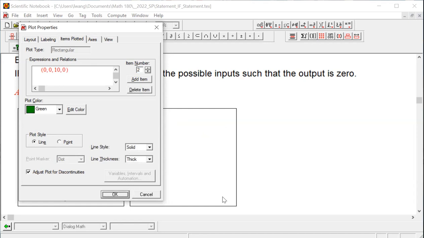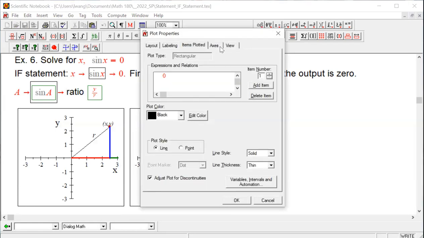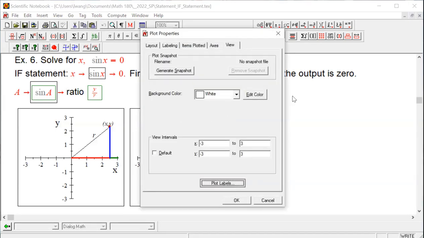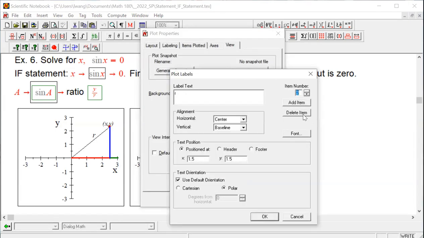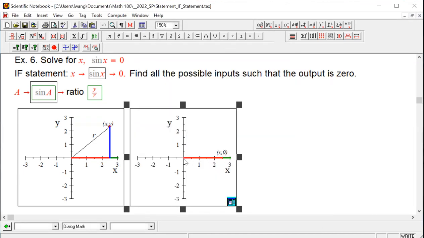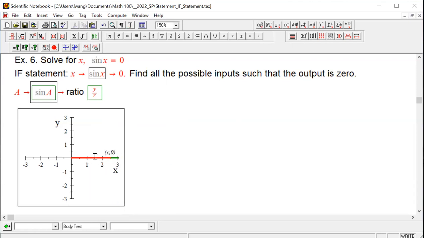I need to remove the R. So this is one of the terminals, and there's another terminal on the other side.